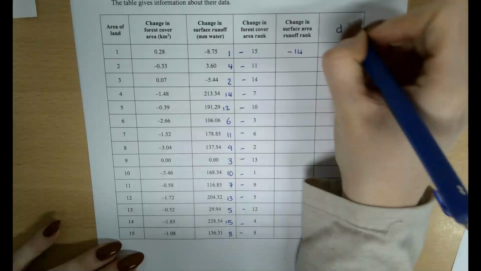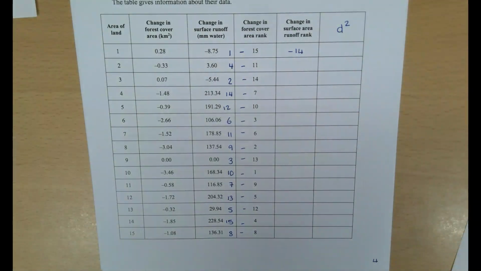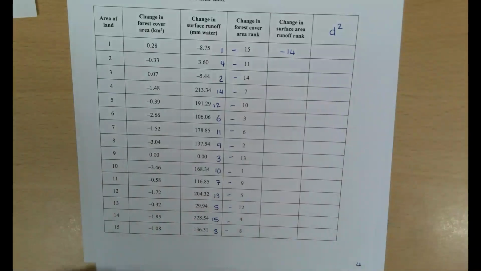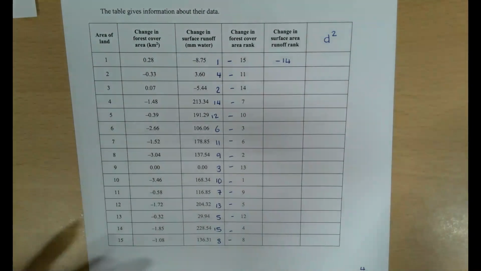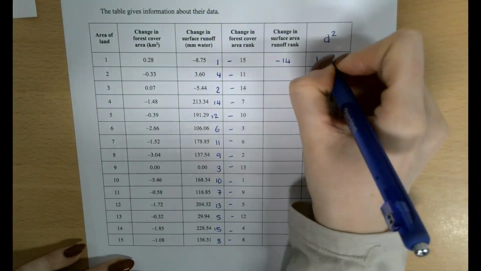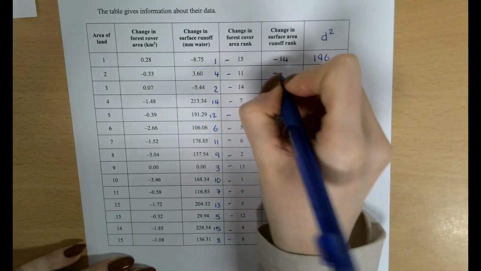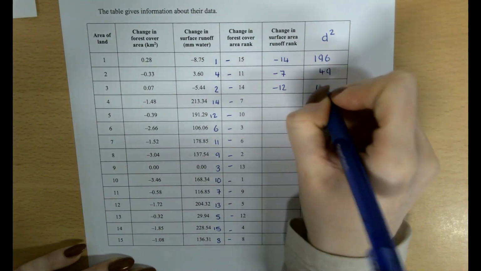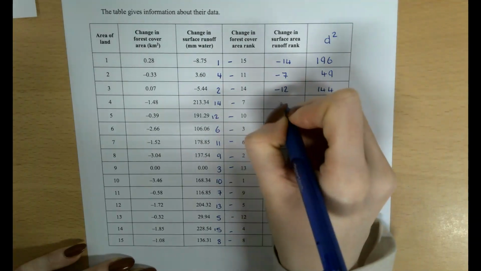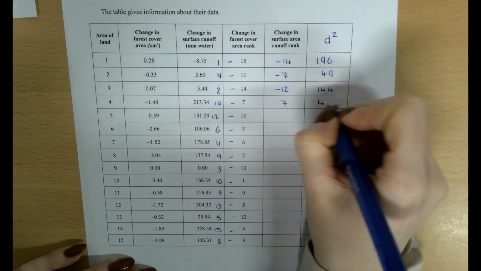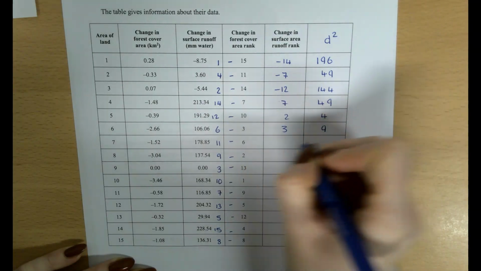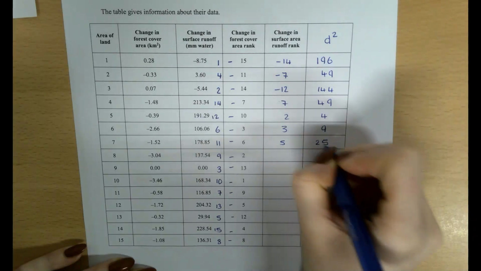Because what we're actually going to do is we're going to square that. That's what our formula has in it. We're going to square it to make sure that any negative signs kind of disappear. So we can go ahead and fill that in. Like so.